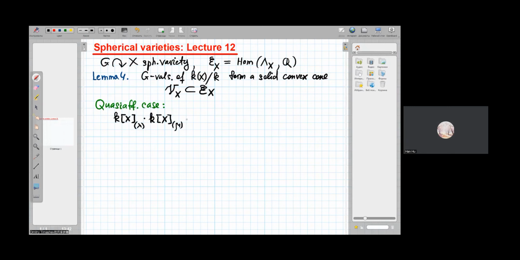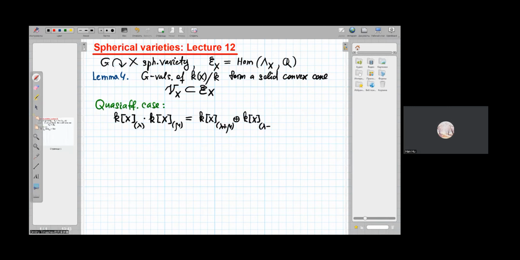This is still a G-submodule in K[X], and it decomposes as the direct sum of irreducible submodules with highest weights. One of these highest weights is lambda plus mu, and the highest weights of the other summands are obtained by subtracting from lambda plus mu several positive roots.